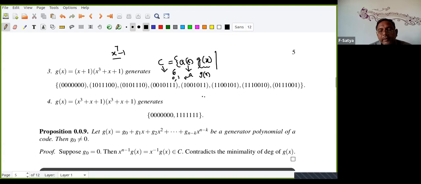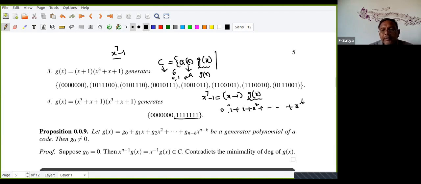I explained this in the last class, but I'll explain one more time. This is x minus 1 into this g of x only. Therefore this is equal to 1 plus x square plus and so on plus x power 6. If you multiply these two, you will get this, and so this is related to this code.